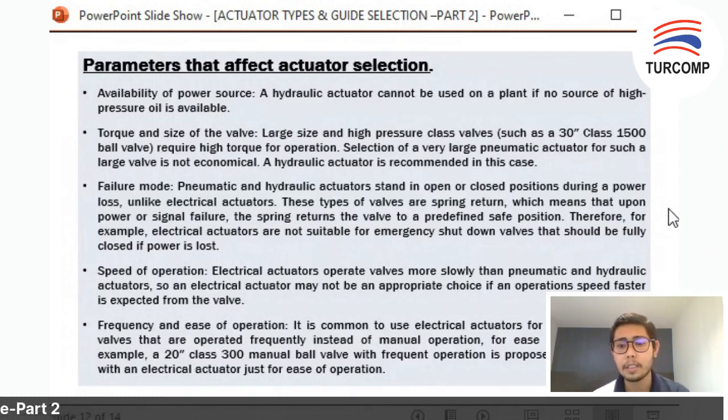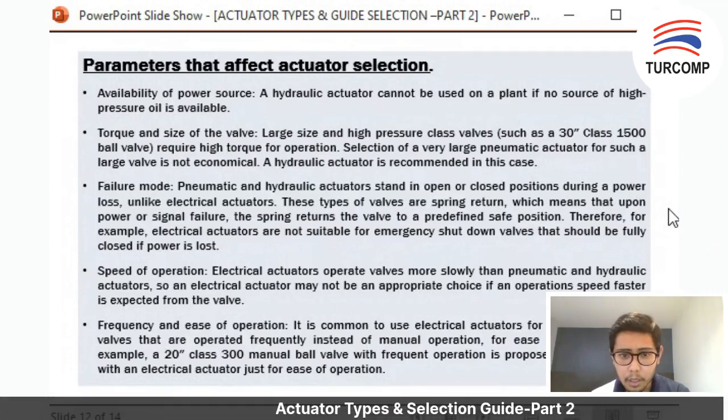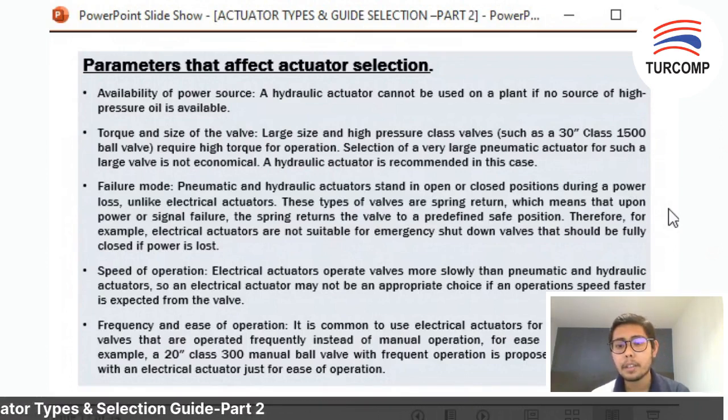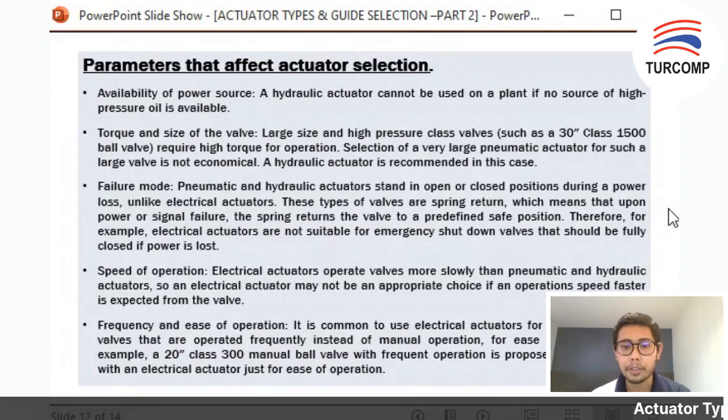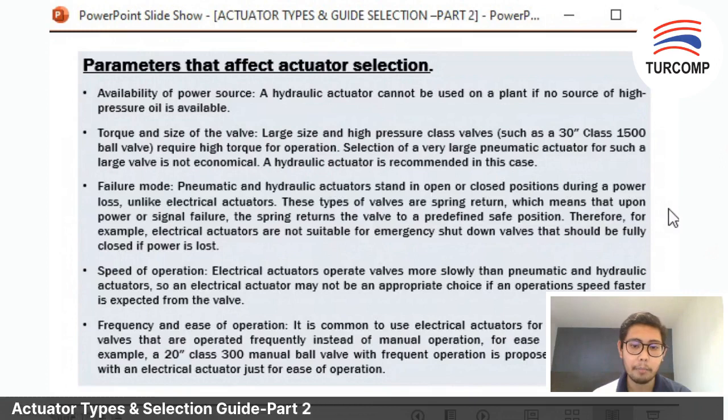Unlike electric actuator, this type of valve is spring return, which means that upon power or signal failure, the spring returns the valve to a predefined safe position. Therefore, for example, electrical actuators are not suitable for an emergency shutdown valve that should be fully closed if power is lost. Okay.